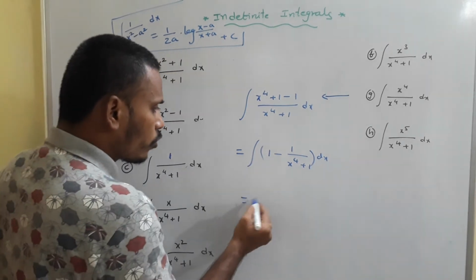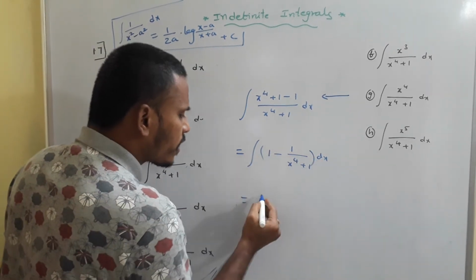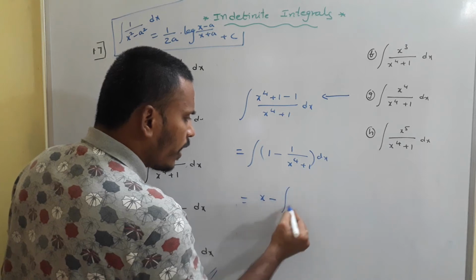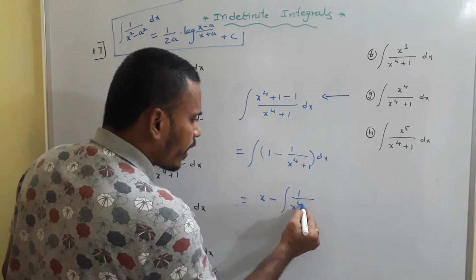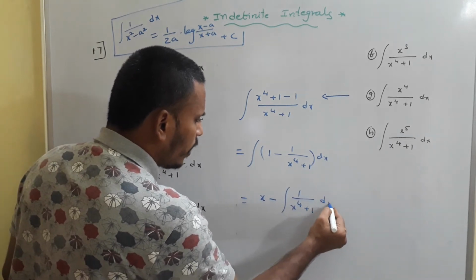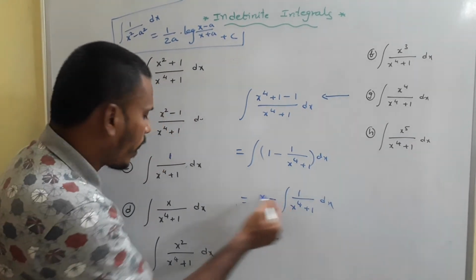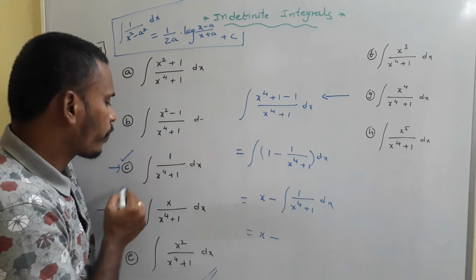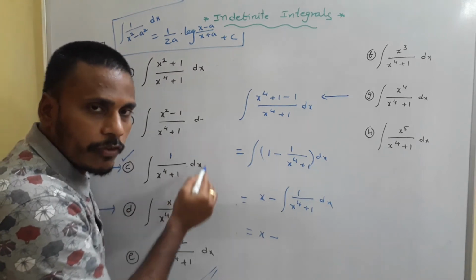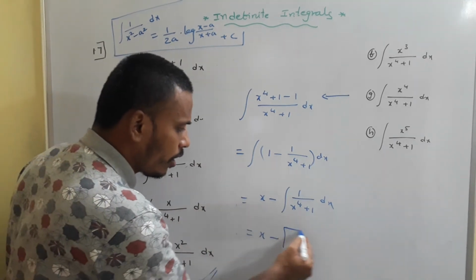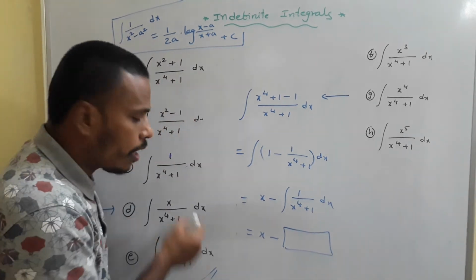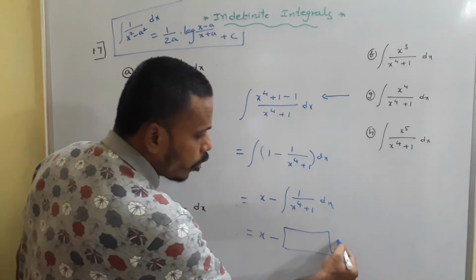And that is equals to integral of 1 dx is x minus integral 1 by x power 4 plus 1 dx. So this is simply x minus, you need to write, already we did a c, right? C, collect the answer from c and replace here. Okay, here you need to replace answer of bit c plus some constant c.